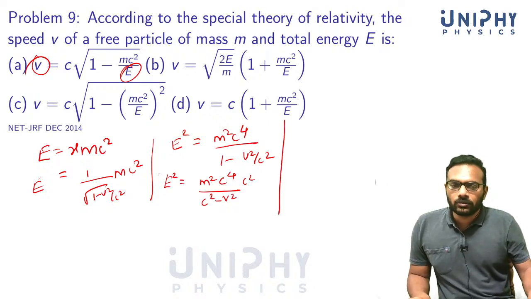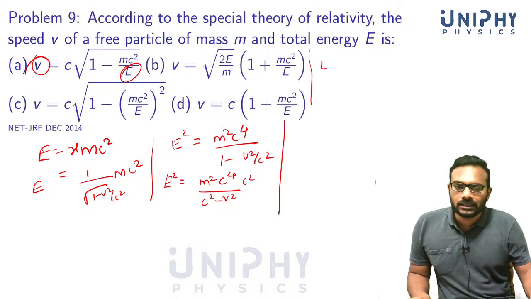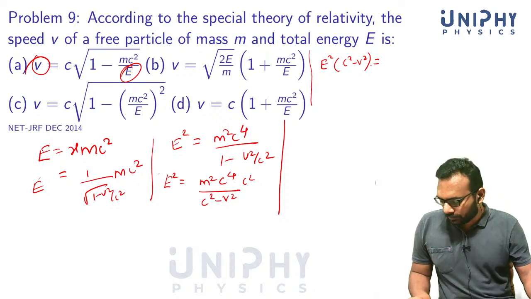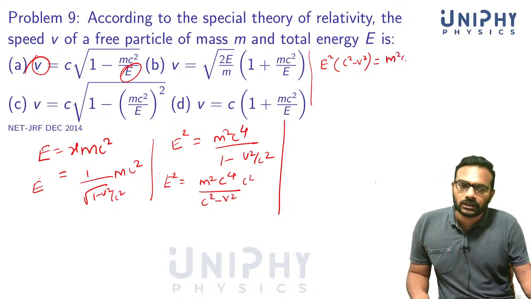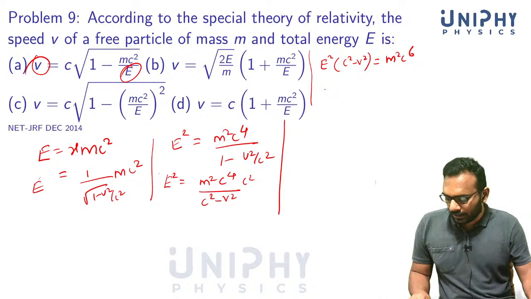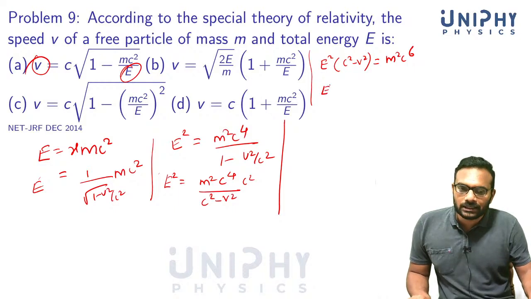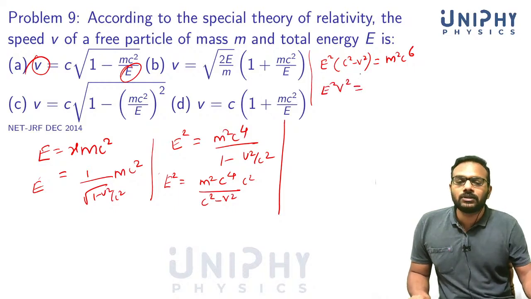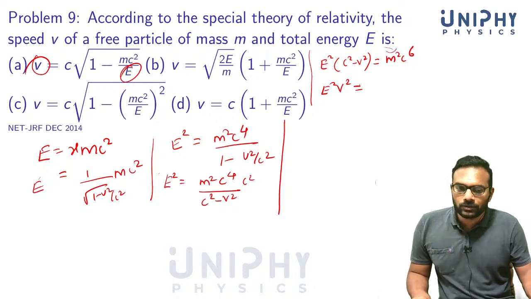Now you see that E square multiplied by c square minus v square is equal to m square c raised to 6. Now this means you take this E square v square to this side: E square v square is equal to E square c square minus m square c raised to 6.